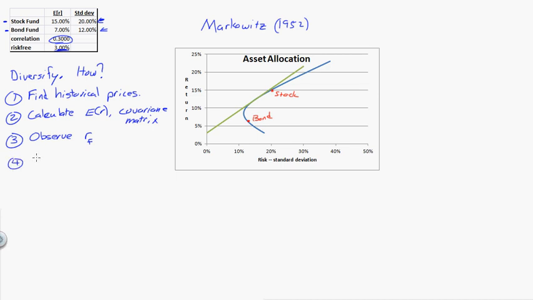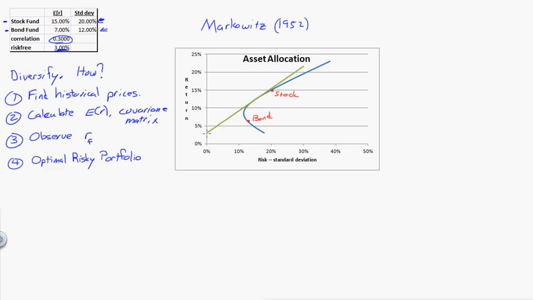Step number 4, we want to find the optimal risky portfolio. You can do this with 2 stocks in a calculator. When you start to get 3 stocks or 4 stocks, you really need an optimization routine in Excel or something like that.